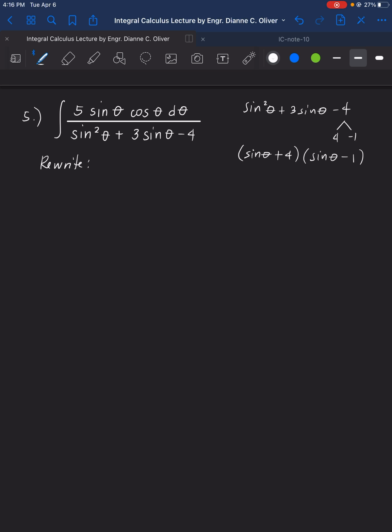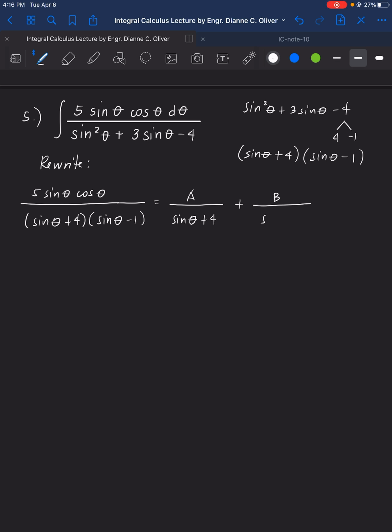So we can rewrite now. We have here 5 sine theta cosine theta all over sine theta plus 4 times sine theta minus 1 equals A all over the first factor, sine theta plus 4, plus B over sine theta minus 1.